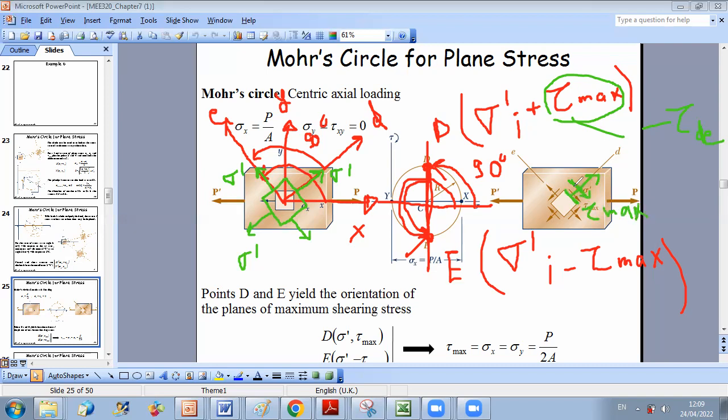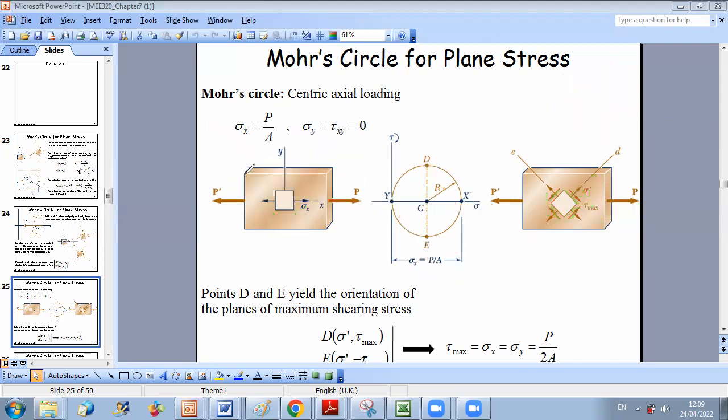It should be downward, and then I can deduce the direction of shear on all faces. So in this case, I have along this face negative shear, tau d. And this is how I can represent the state of stress in the plane of maximum shear for this particular case of centric axial loading.